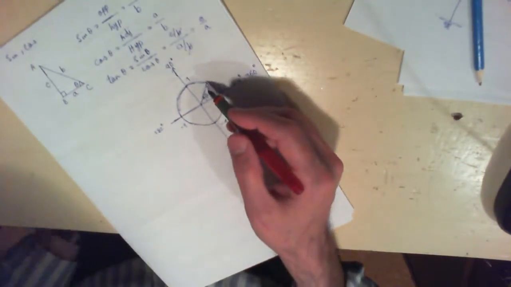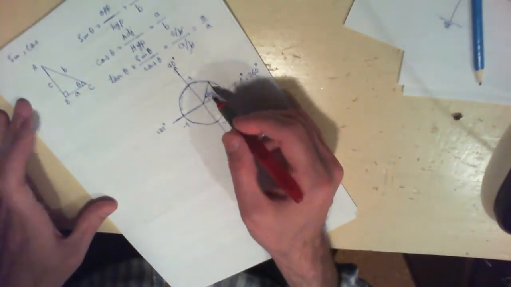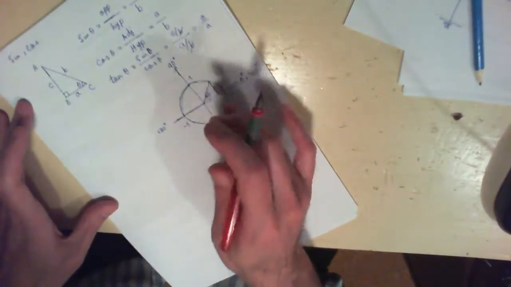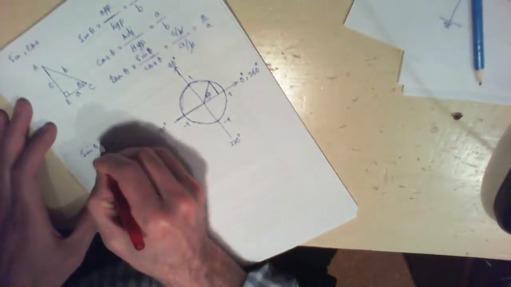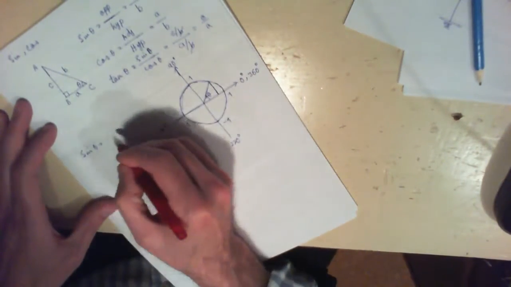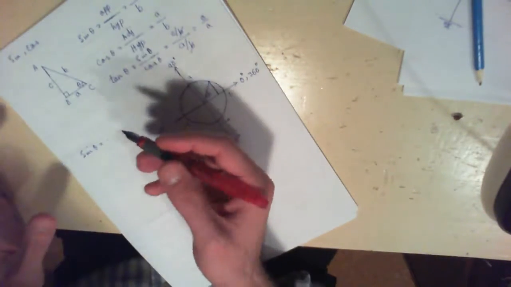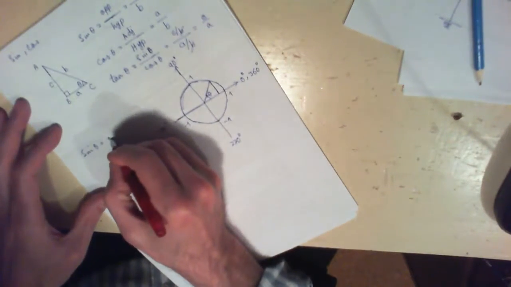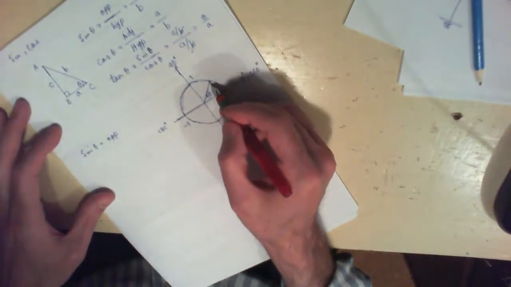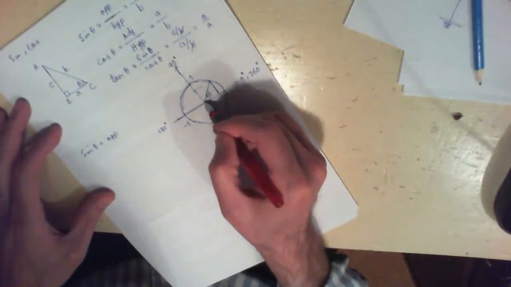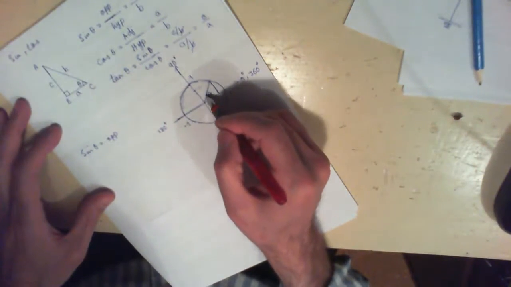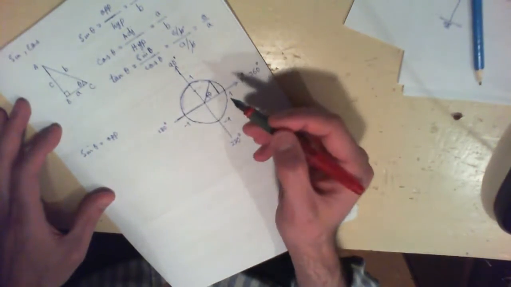So in this particular circle, the sine of theta is equal to the opposite side divided by 1, so I just don't have to write it. The opposite side would be this vertical length over here. This vertical length would be the value of the sine of this angle.